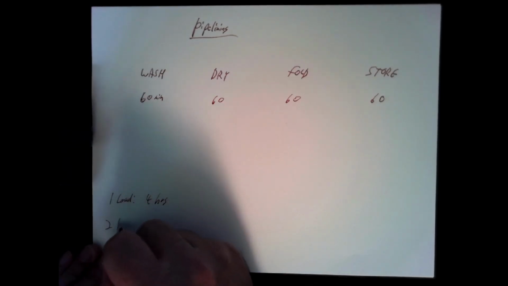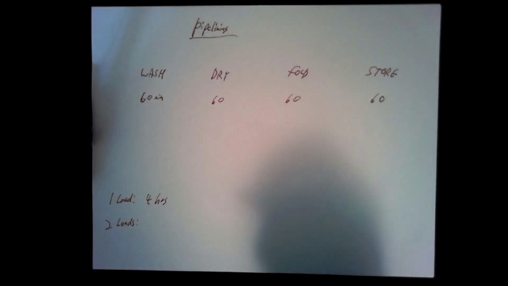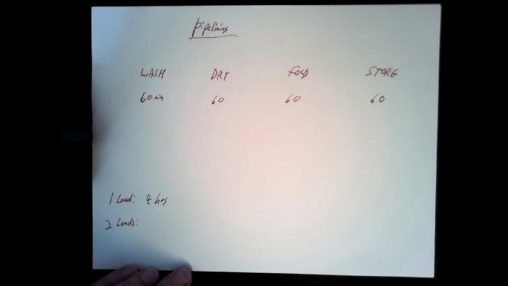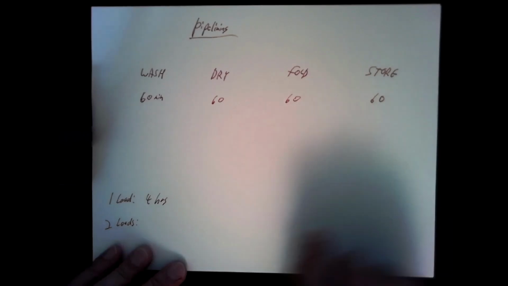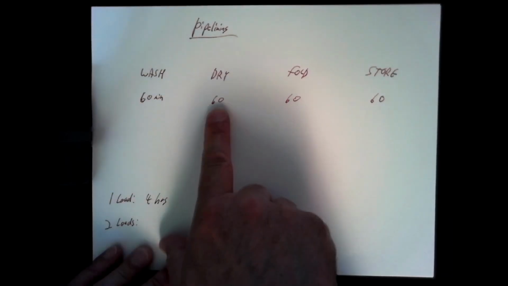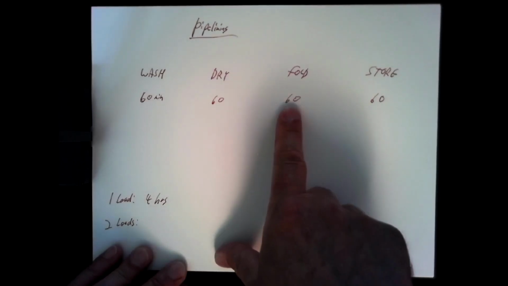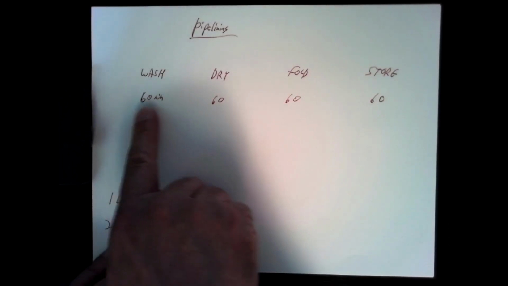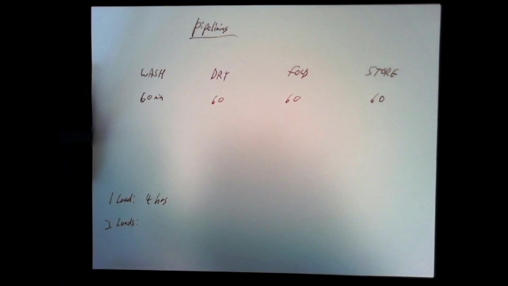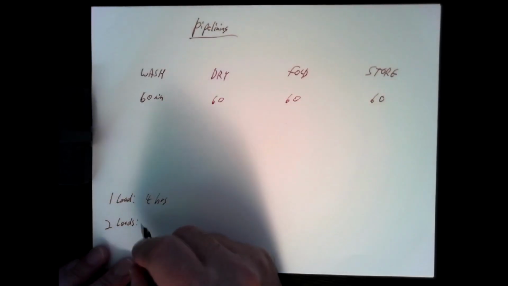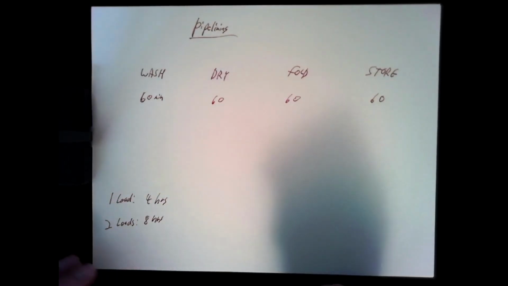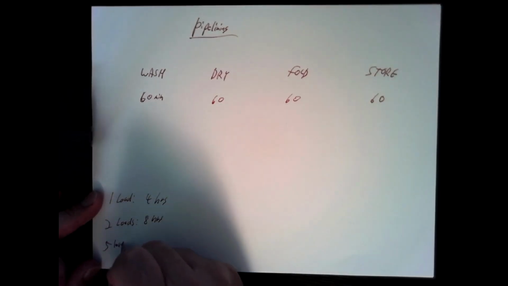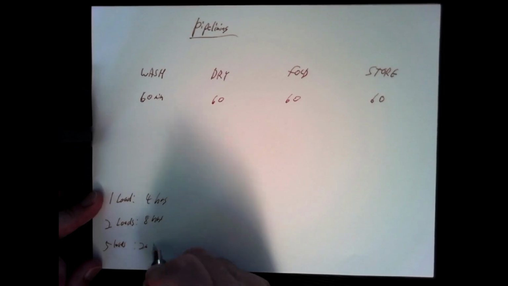Now, if you want to do 2 loads, the not very clever way to do this is take your first load, put it in the wash, wait an hour, put it in the dryer, wait an hour, fold it, wait an hour, store it. When you're done with that, take your second load, put it in the wash, and then dry it, fold it, and store it. 2 loads, going to take you 8 hours. And if we continue with this, 5 loads is going to take 20 hours.